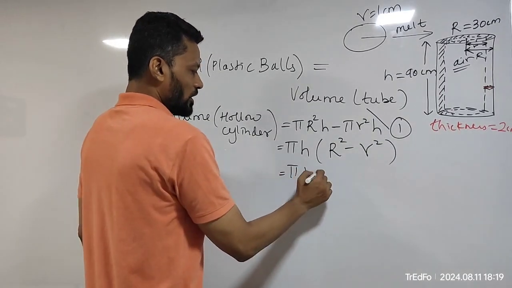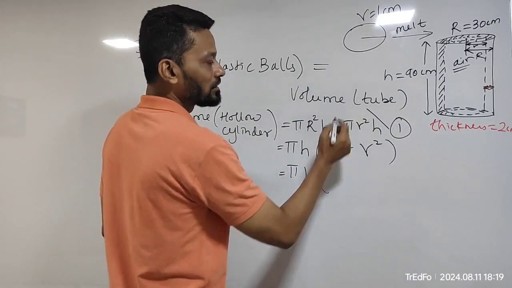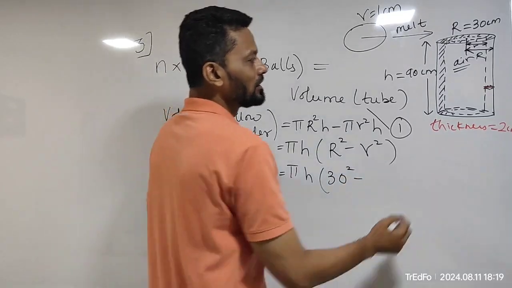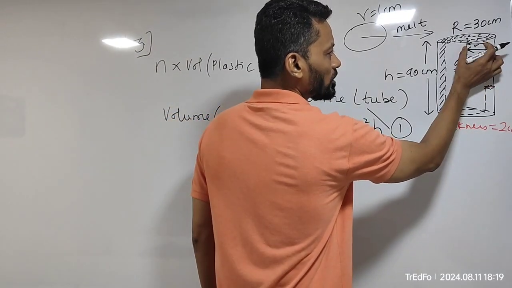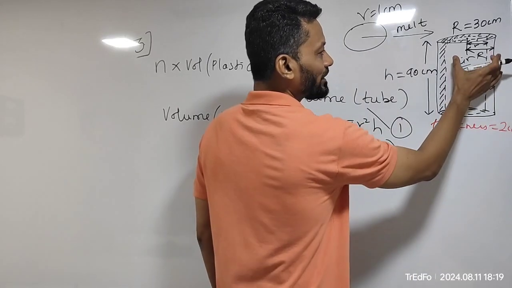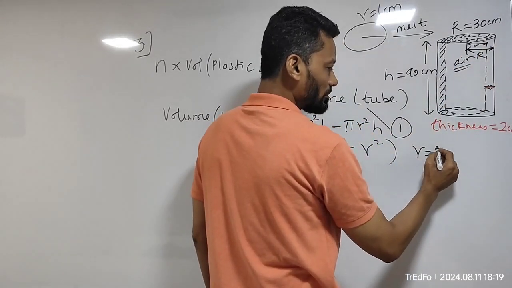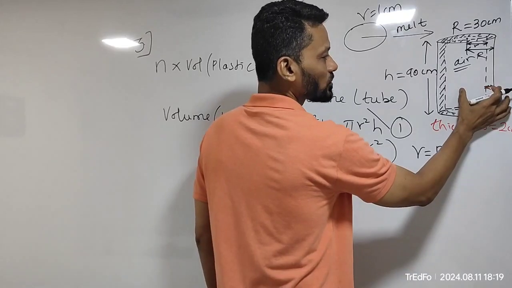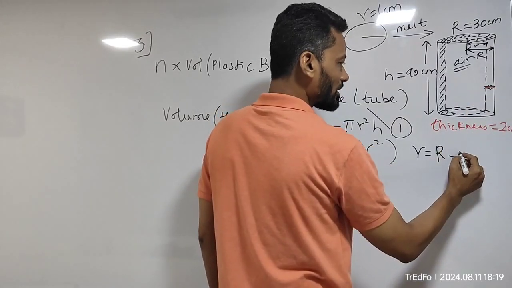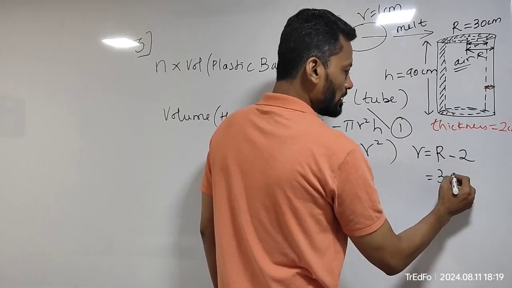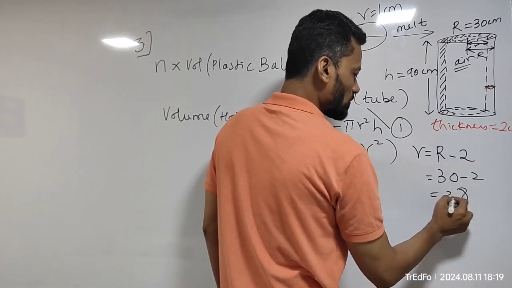Now pi into h, capital R, they have given it's 30 square minus small r. This value actually we don't know. How do we find it? Capital R minus thickness. So my small r calculation will be capital R, that is the outside radius, minus this thickness. Thickness is 2 centimeter. Radius is 30. 30 minus 2 will give me 28.